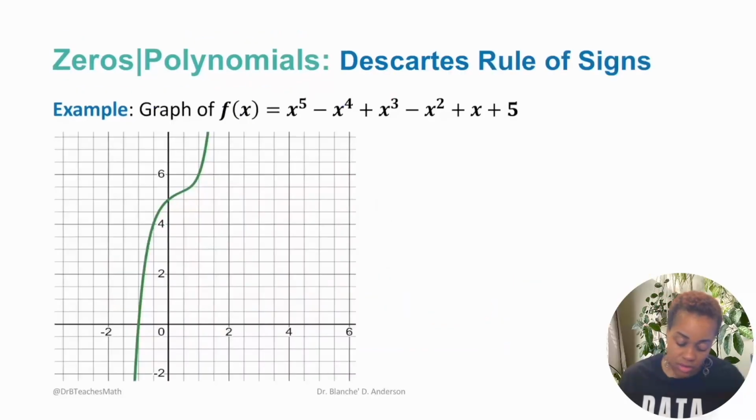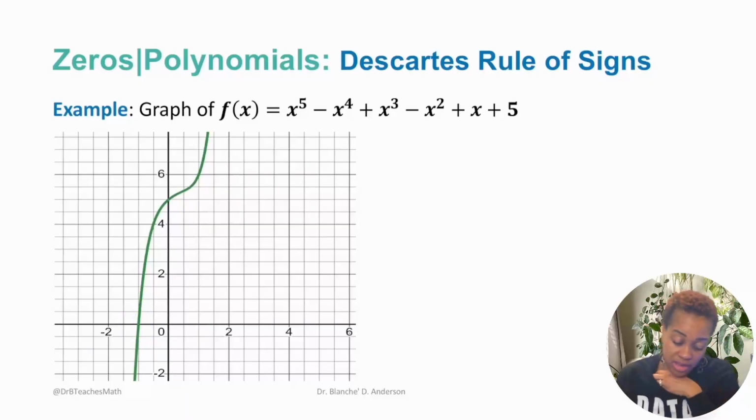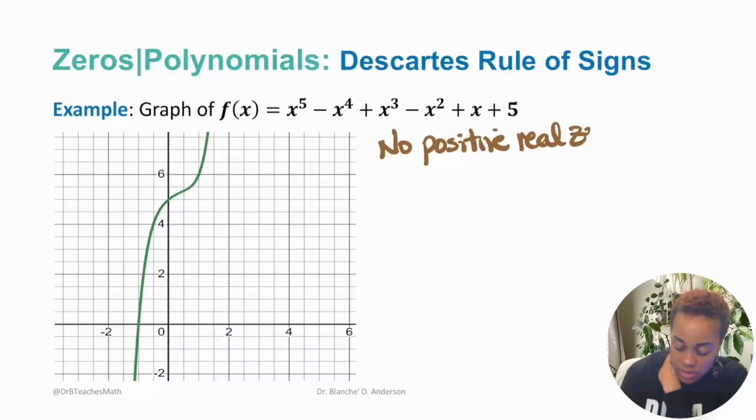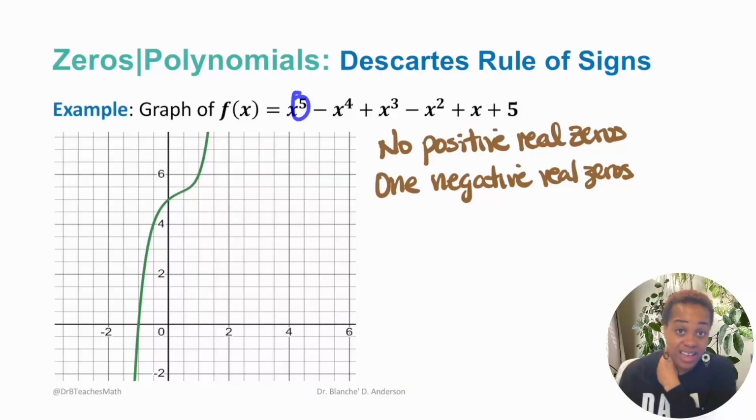So let's look at the graph. Yeah, 1 negative. So this one had no positive real zeros because you don't see it on the graph. It had 1 negative, and we have a total of 5.